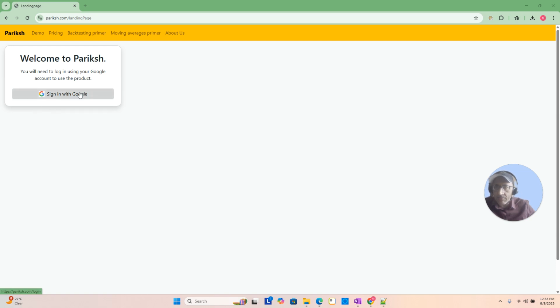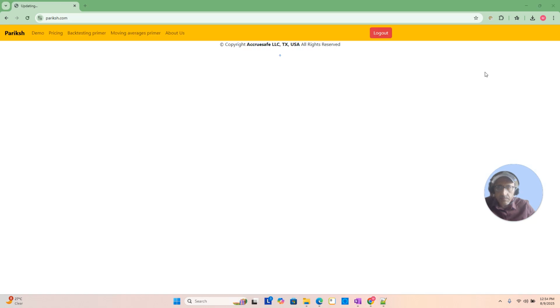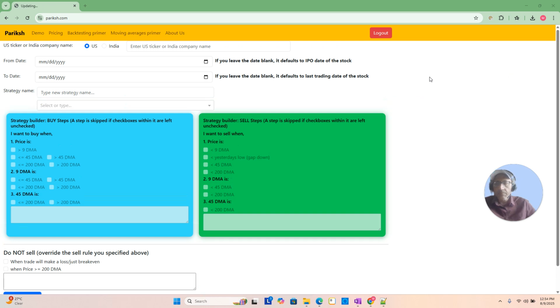I will sign in with my Google account. I'm going to pick up the first account here. So after logging in, we landed on the product page. On the product page at the top, you see US ticker or India company name.